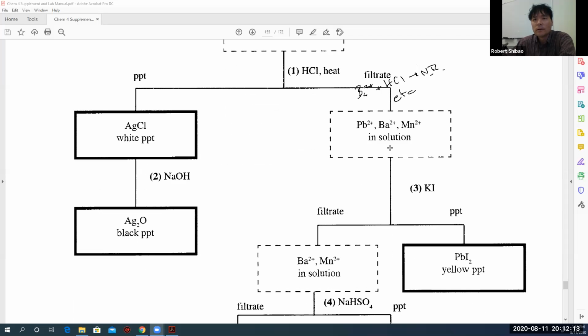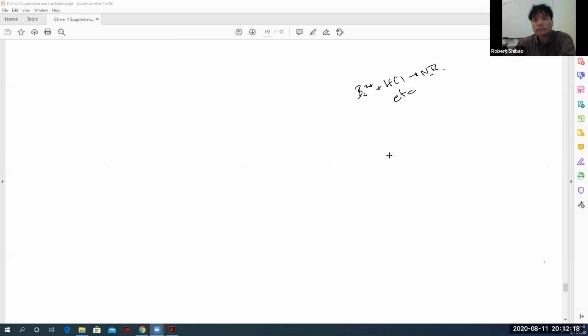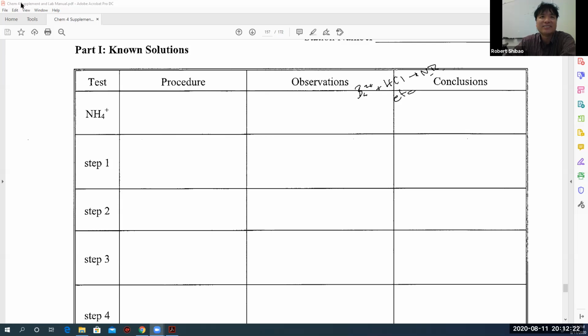And then what we're going to do here is we're not going to fill this out. All you're going to do is attach a sheet of paper and tell me, we actually tested 3 solutions.